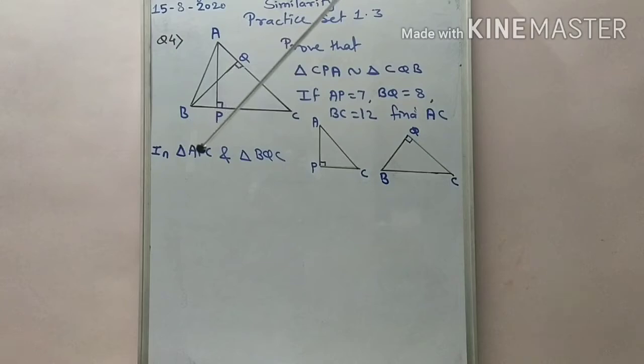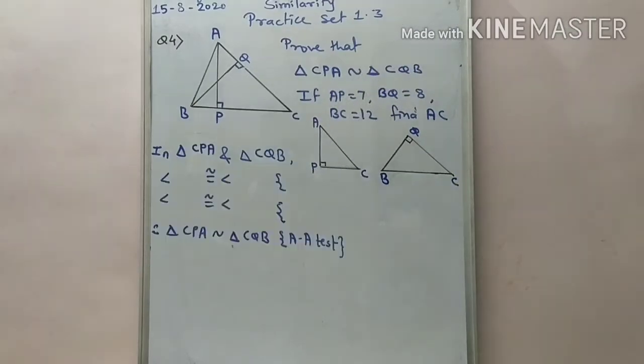So in triangle APC and triangle BQC, you can mention the names like this, or you can write the names of the triangles with correspondence also, meaning in triangle CPA and triangle CQB you can also write like this. So here we change the names of the triangles as we have to prove triangle CPA is similar to triangle CQB. So in triangle CPA and triangle CQB.